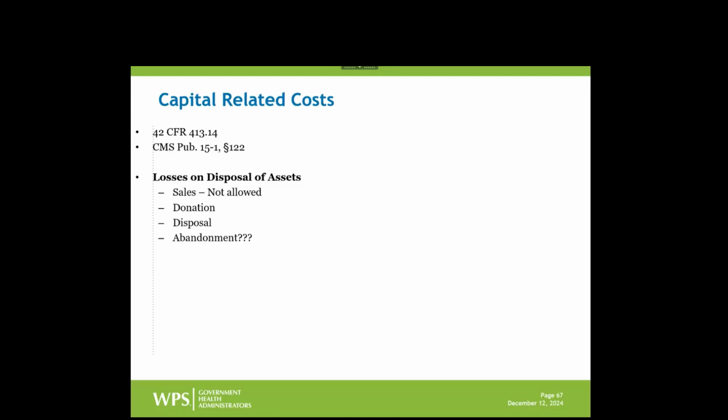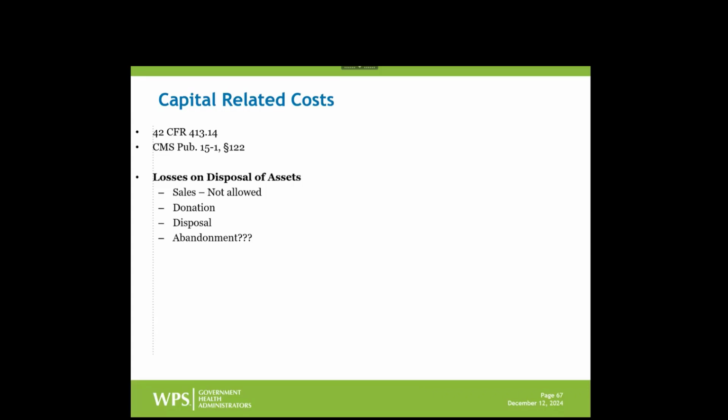Let's say it's more than $5,000, but less than 80% depreciated. The thought is basically, why are you disposing of this asset that's still relatively new? And depending on the asset type, the disposal needs to be approved by the state or MAC, I should say. And if it's approved, then hey, it's going to be allowed, and we'll use that same methodology we just talked about, the prior years' impact.